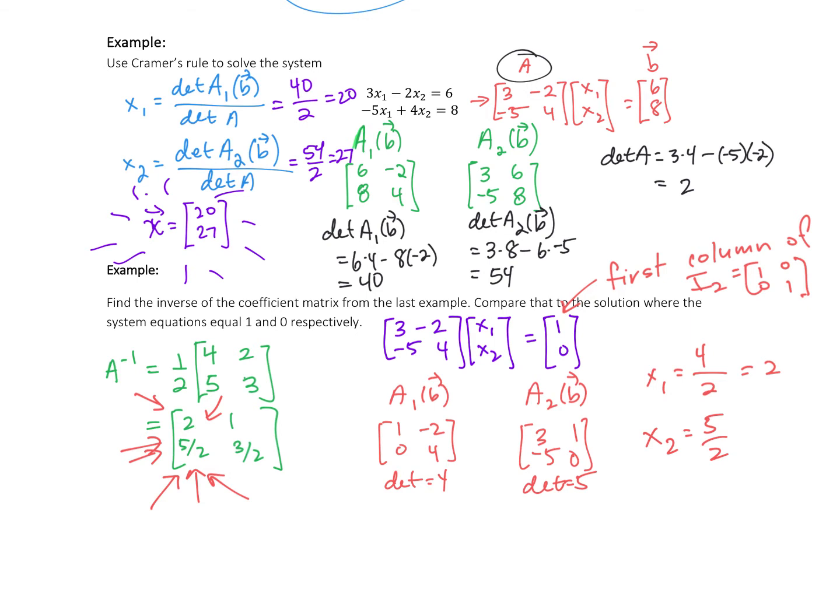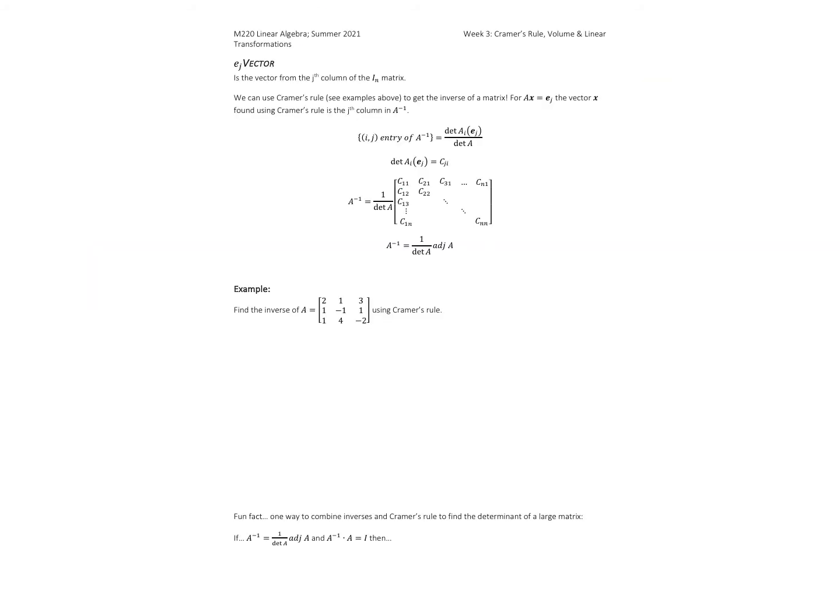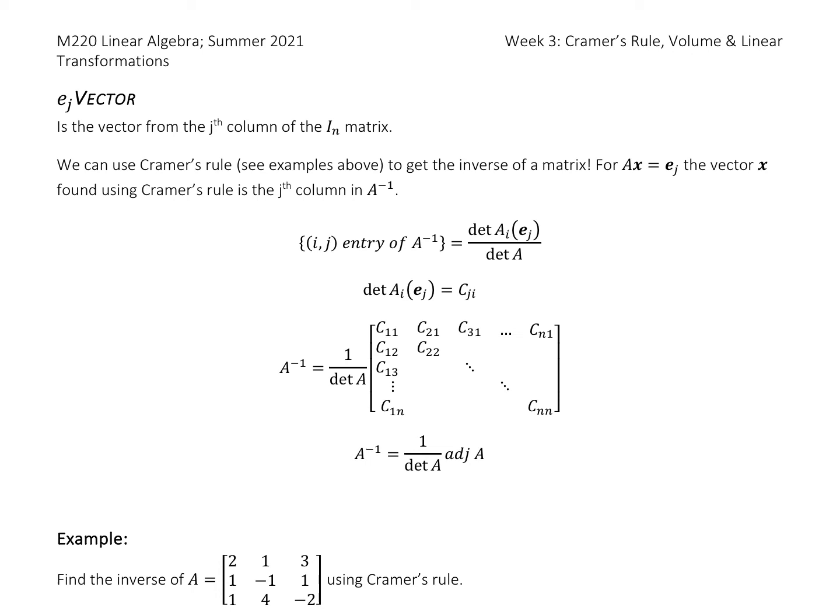And it turns out if we'd done the other one, if we did this system, negative 5, 4, and we reversed it, did the other column, we'd end up with these guys. Oh, cool. Turns out we can use Cramer's rule, replacing our solution by vectors that are pieces of our identity matrix.